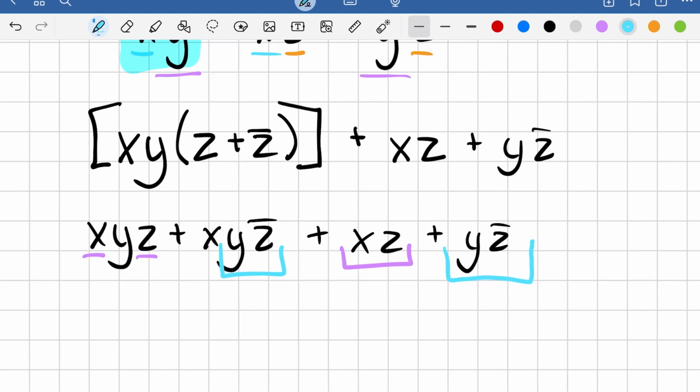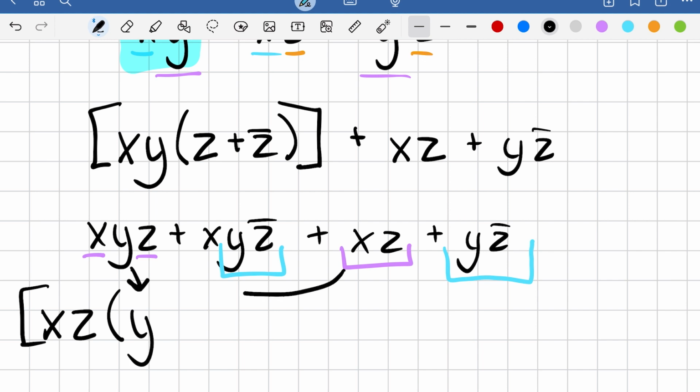So the first thing I'm going to do is pull out that x and z. So I'm going to do x and z, get this in brackets, so we really see what's going on here. Then we're going to drop down this y. And this one here is just a 1, as we stated before.